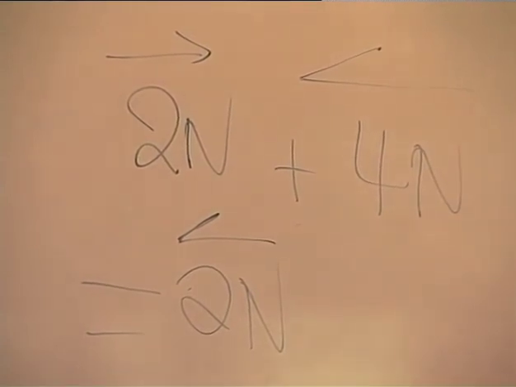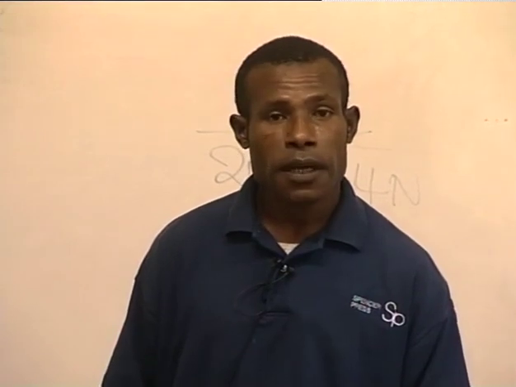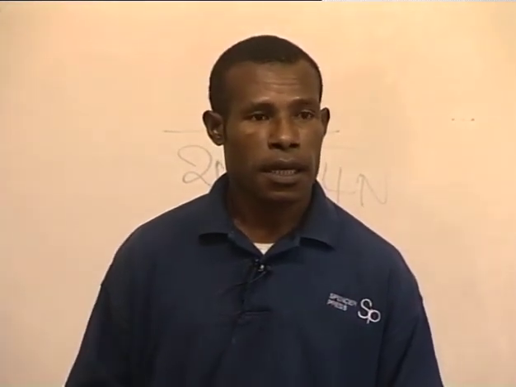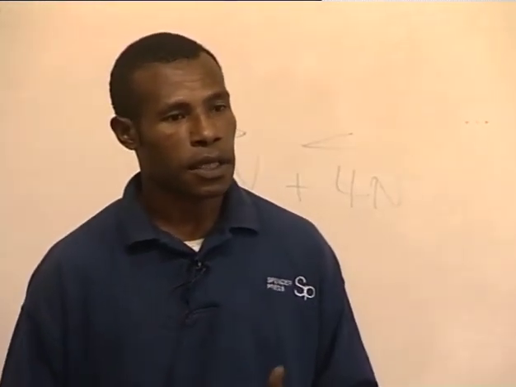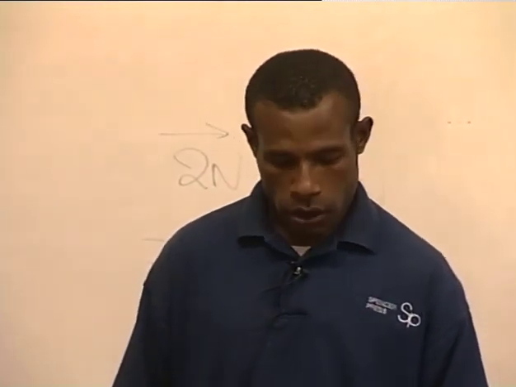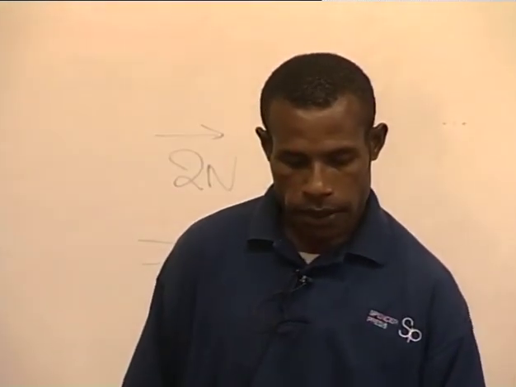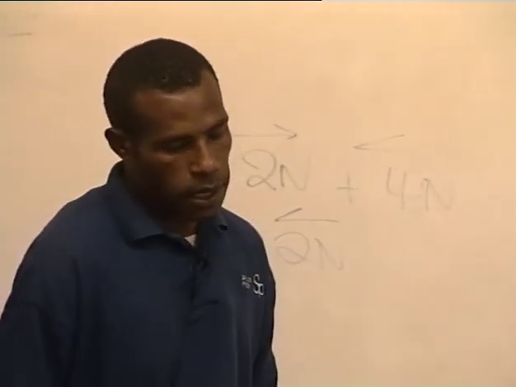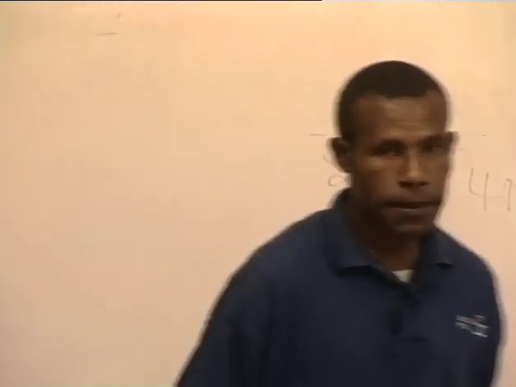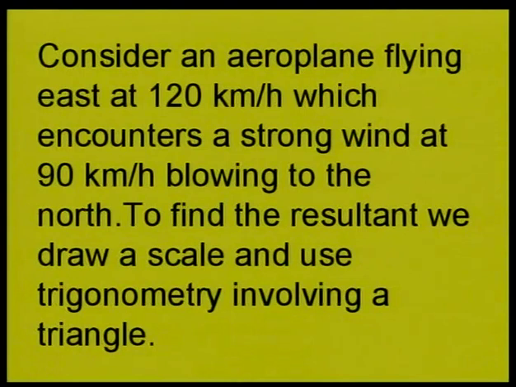Now let's have a look at what happens if these vectors act at 90 degrees to each other. One example: an aeroplane is flying east at 120 kilometers per hour.